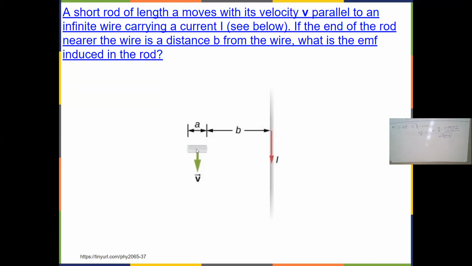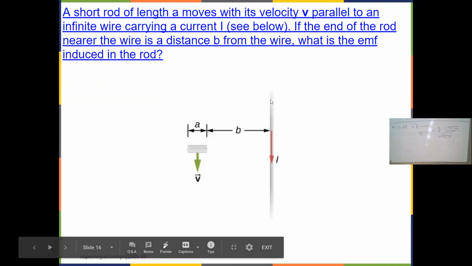Okay, because you can imagine, the rod is moving, that means the electrons inside the rod are moving, right? So electrons are moving with the rod, then they will experience magnetic force because the wire is carrying current, it will induce a field nearby here.